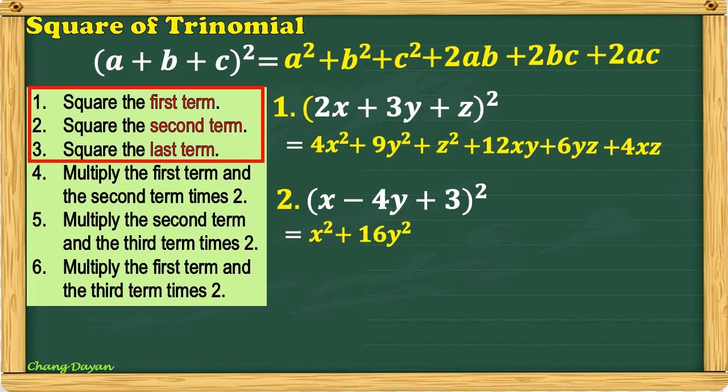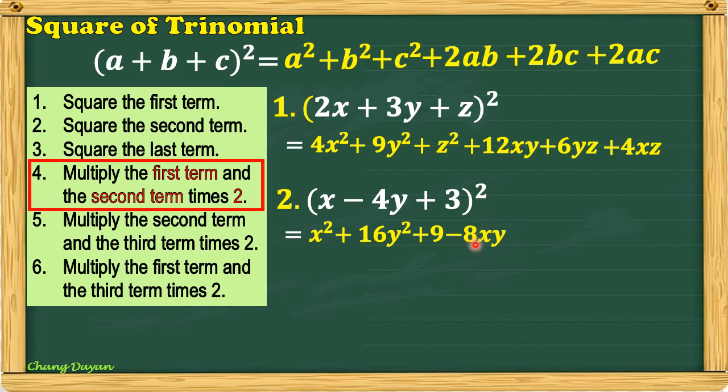Then the square of the last term, 3 times 3 is 9. Next, multiply the first term by the second term times 2. So x times negative 4y times 2.